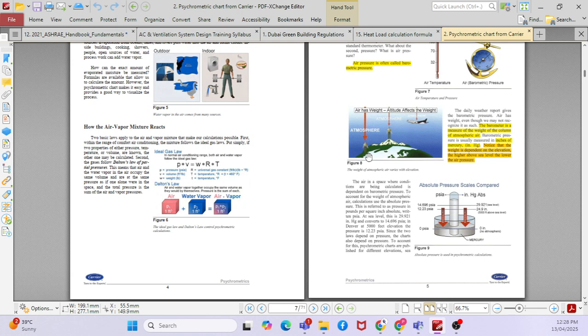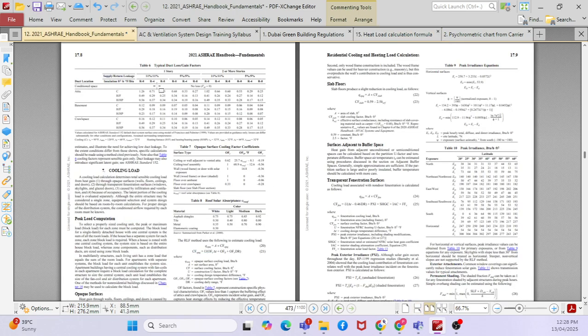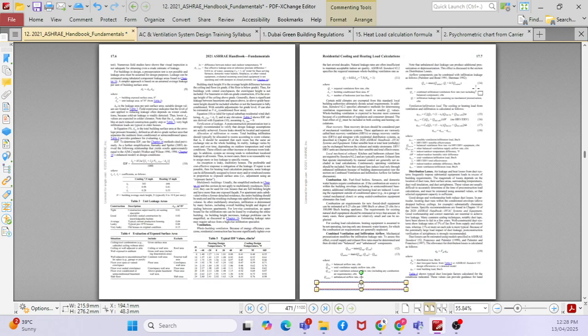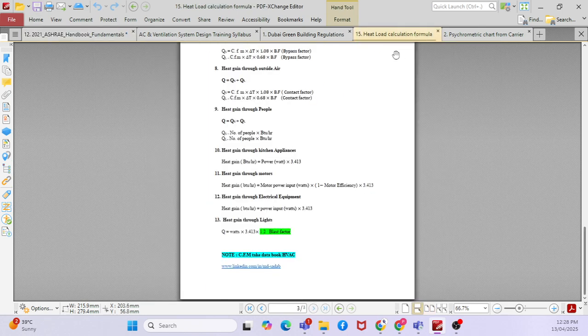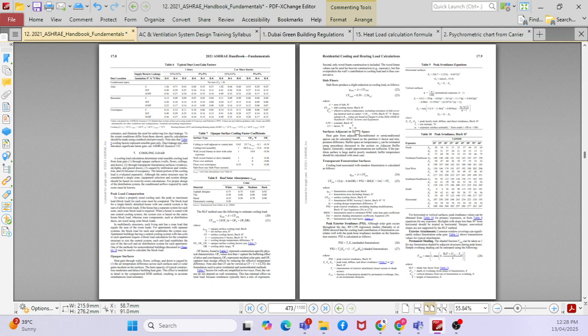Now the heat load equations, based on ASHRAE Fundamentals. Go through chapter 17 and chapter 18. Can you write whatever equations are related to these? For example, here you have the heat load calculation formula. This equation came from where? Can you put that reference?